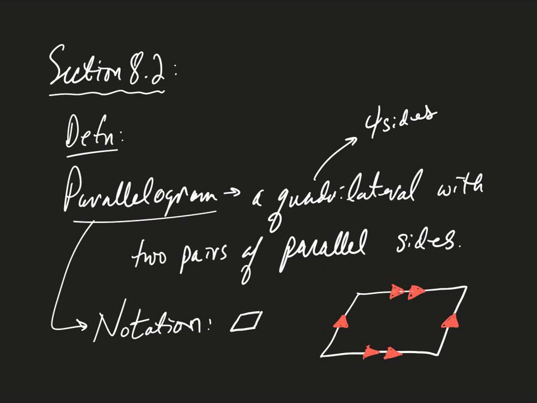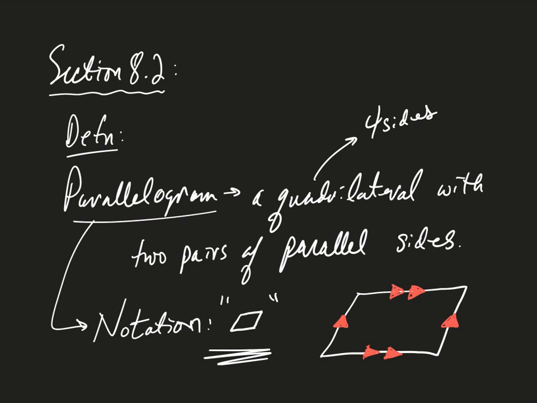We just use this symbol right here whenever we want to denote a parallelogram. A lot of times we like to abbreviate, especially really long words, so we don't have to repeatedly write that over and over and over. Okay, so there's our definition.